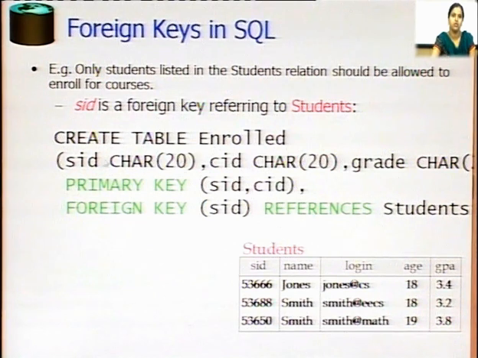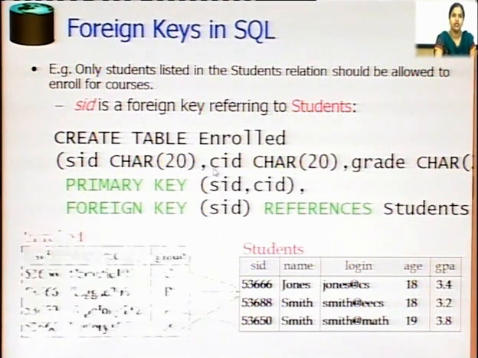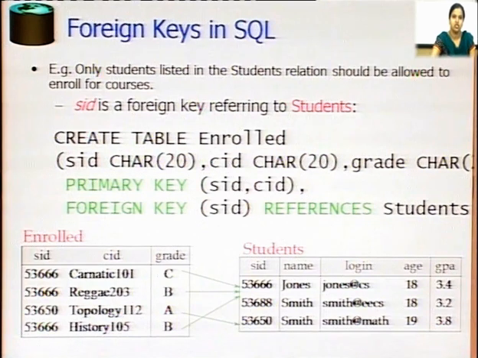Create table enrolls, SID char 20, primary key SID, foreign key SID references students. So this is the syntax to create the foreign key in the table. This is the student table. Here is the student ID, and this SID is the foreign key for the student, which is referenced from the student table. So this is how a foreign key can be created.